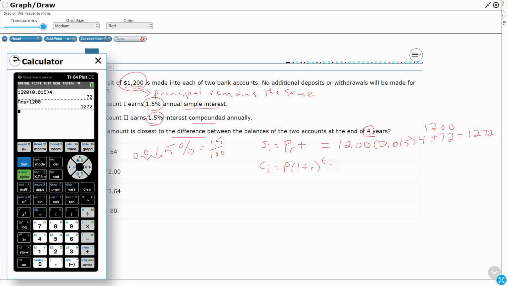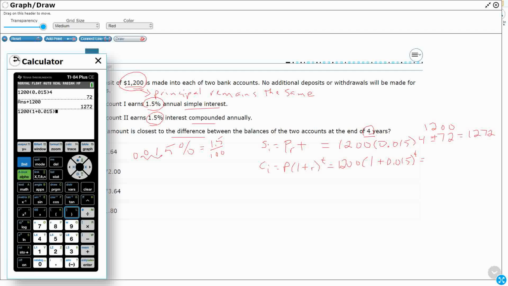Let's check out my compound interest. Okay, so my principal, 1,200. Now it's going to be 1 plus, what's my rate? 0.015 to the 4th power. All right, let's calculate that now. So 1,200, then it's going to be 1 plus 0.015, or we could have just done 1.015.